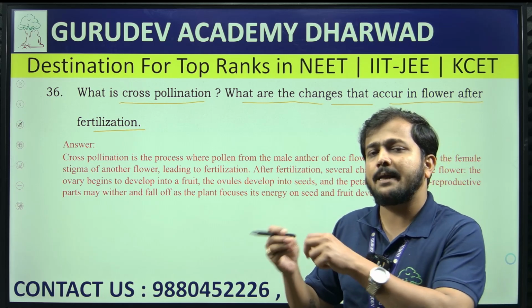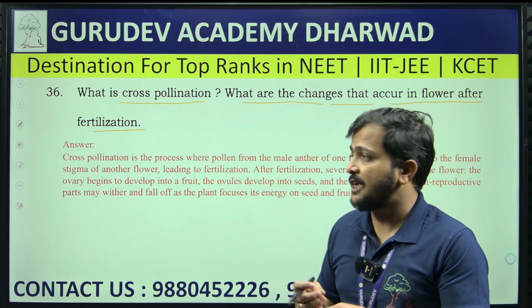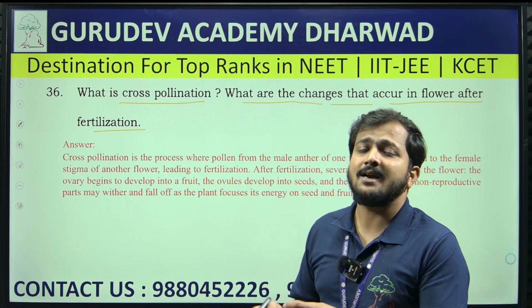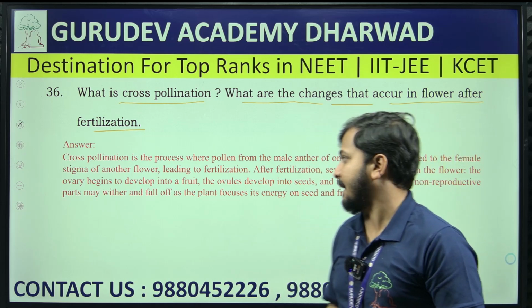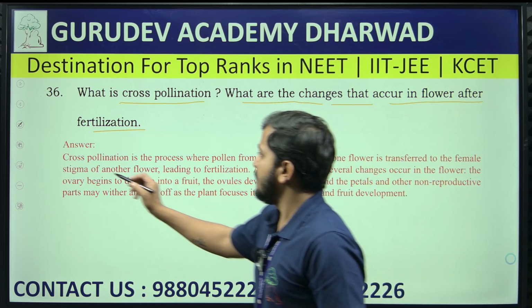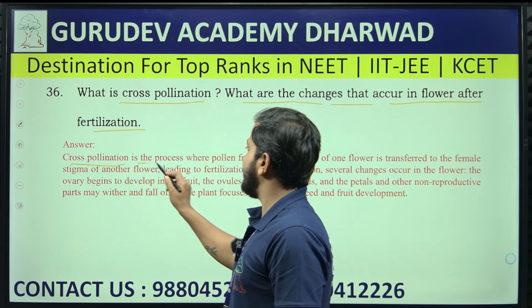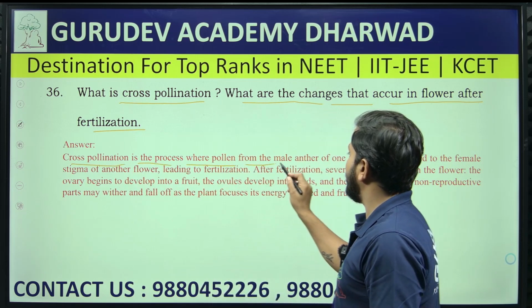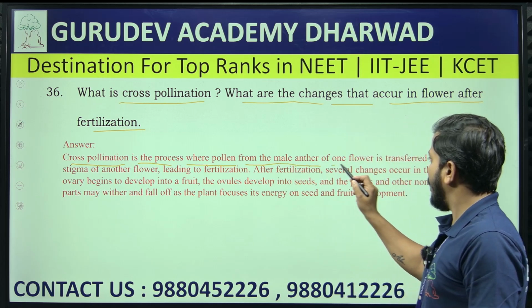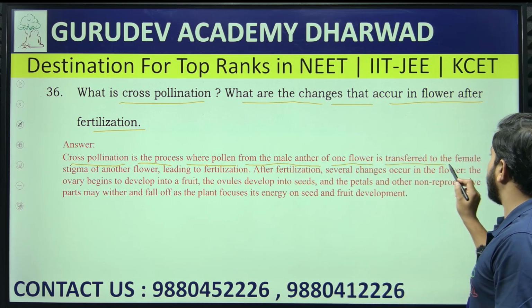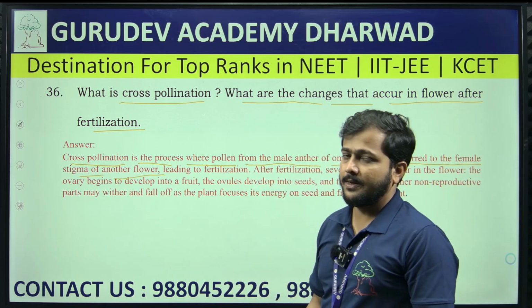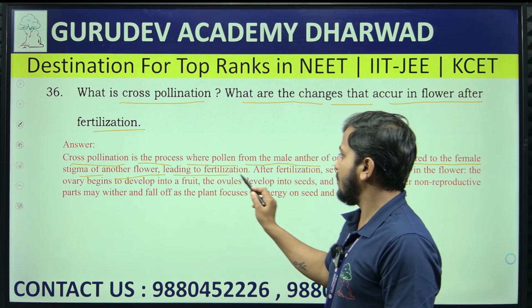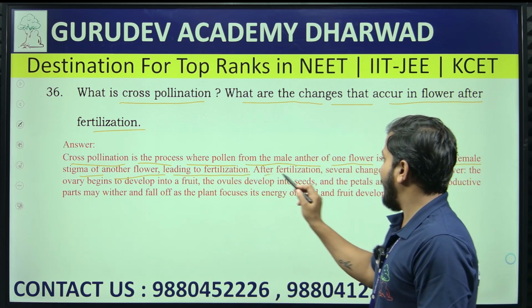If the same type of pollination takes place generation after generation, then definitely depression is going to take place with respect to the genetic character. So cross pollination is the process where the pollen from the male anther of one flower is transferred to the female stigma of another flower, which leads to fertilization.